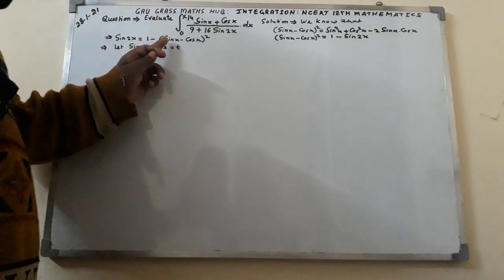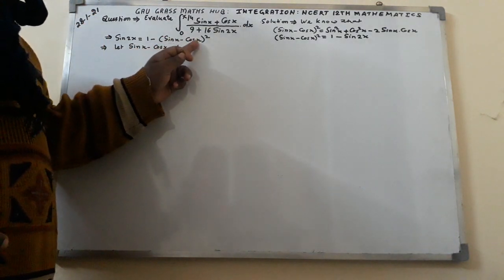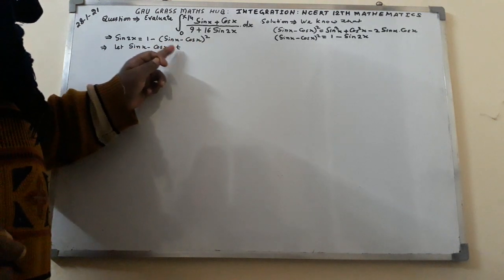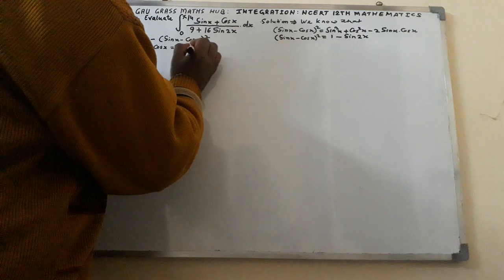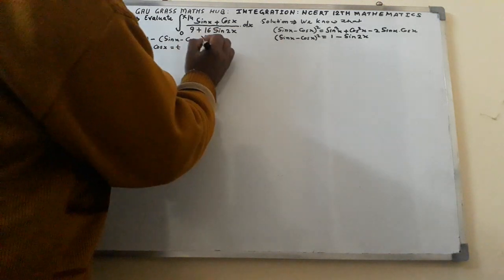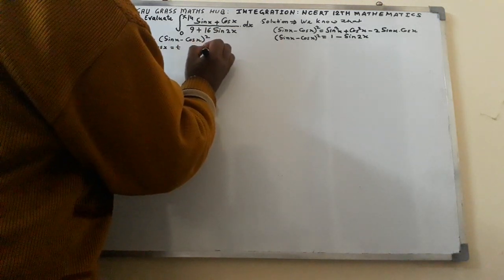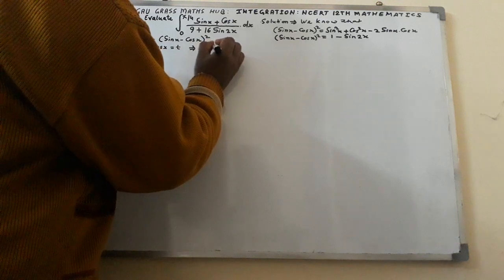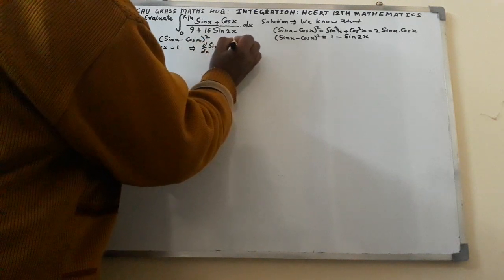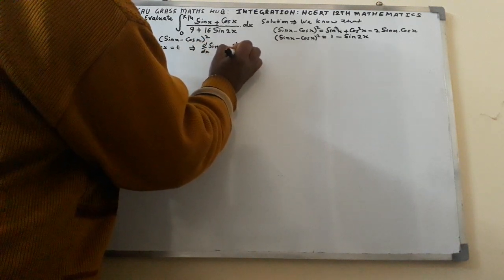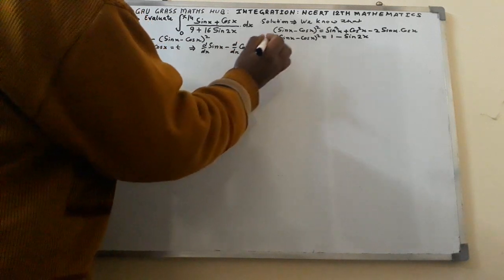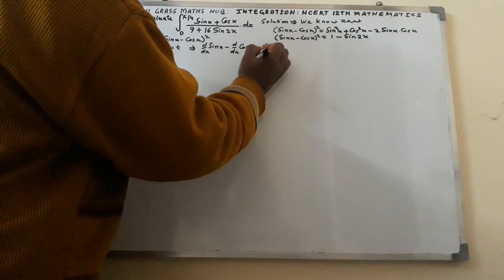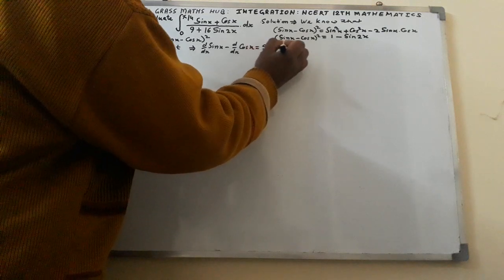This term sin x minus cos x I shall let as t. Implied that d over dx of sin x minus d over dx of cos x equal to d over dx of t.